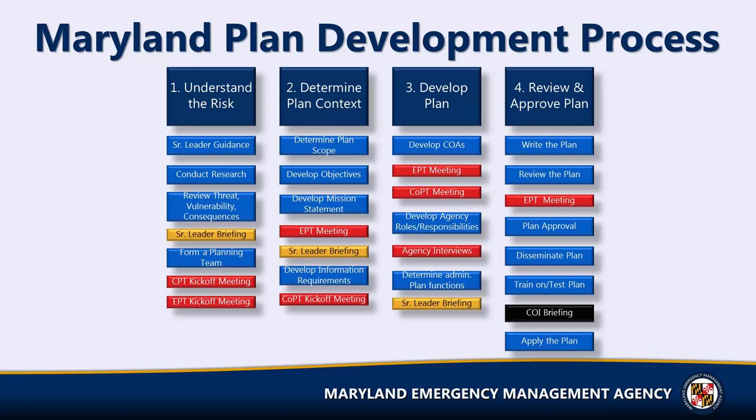In Phase 3, planners develop the plan, which includes developing courses of action, honing in on specific agency roles and responsibilities, and determining other key information, such as how the plan will be updated and maintained. Finally, once planners make it to Phase 4, the plan components are assembled, the plan is written, and the planning process ends with a robust training and exercise program. The following section will outline this process in much greater detail.